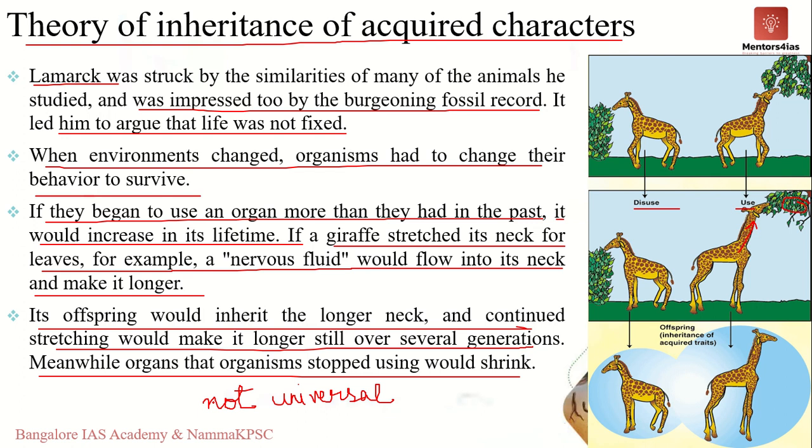But the theory of use and disuse does not explain evolution always, unless for certain things. In a few cases, yes, it is true, but it does not explain evolution itself. Evolution is explained through natural selection, where natural selection can be considered to be universal, unlike the theory of use and disuse.